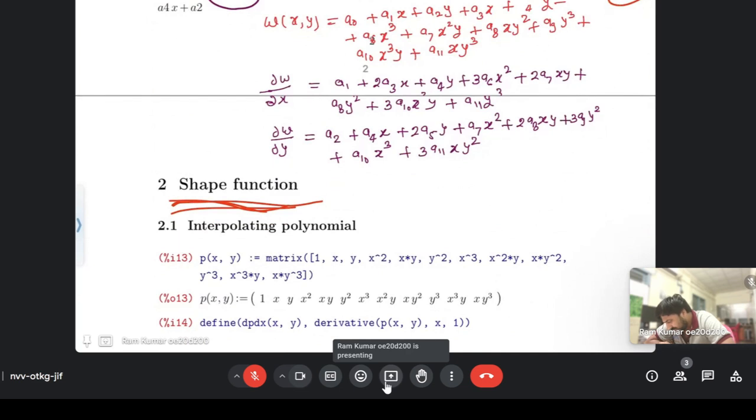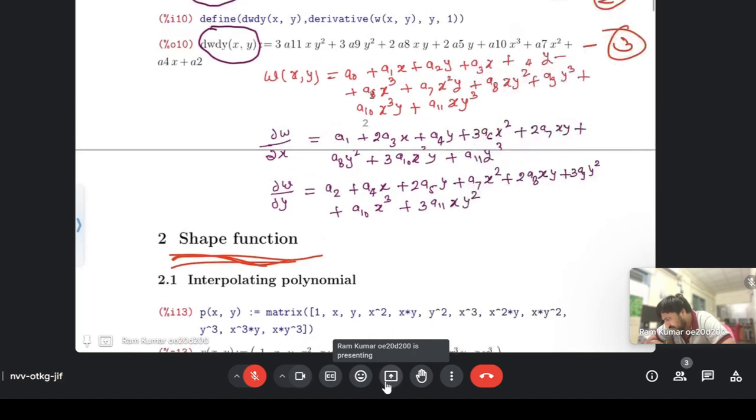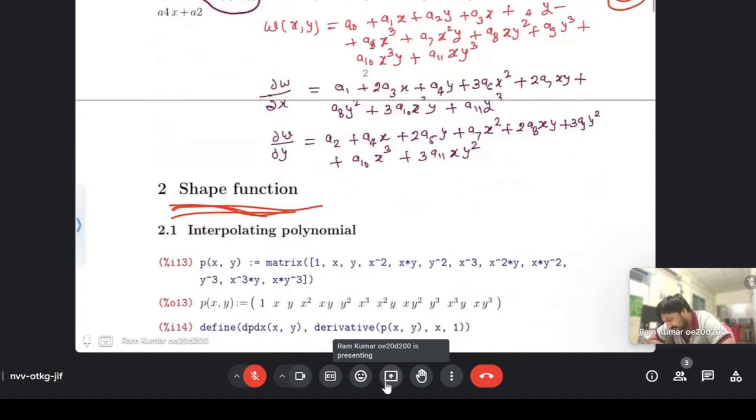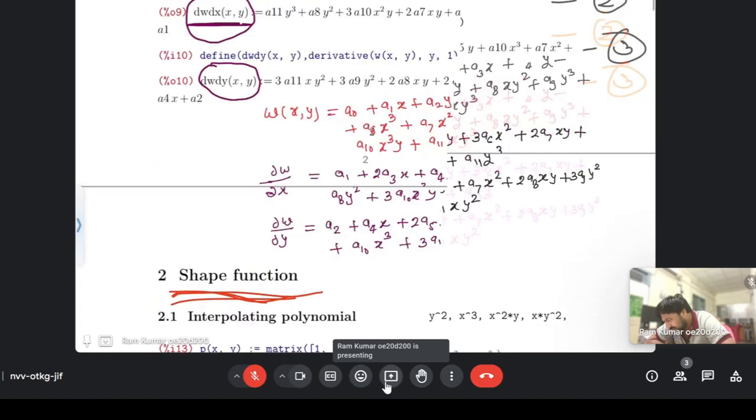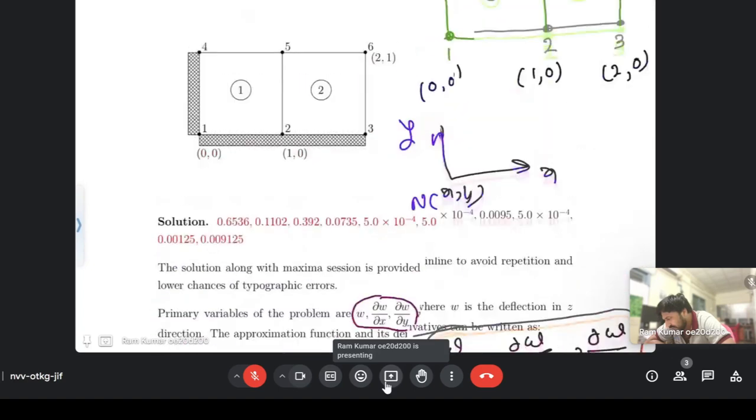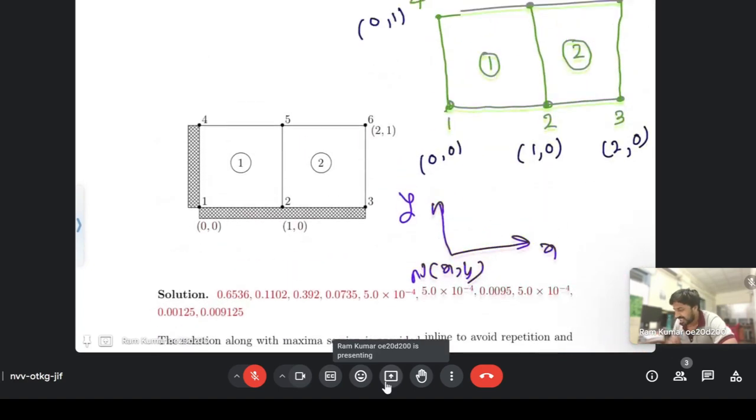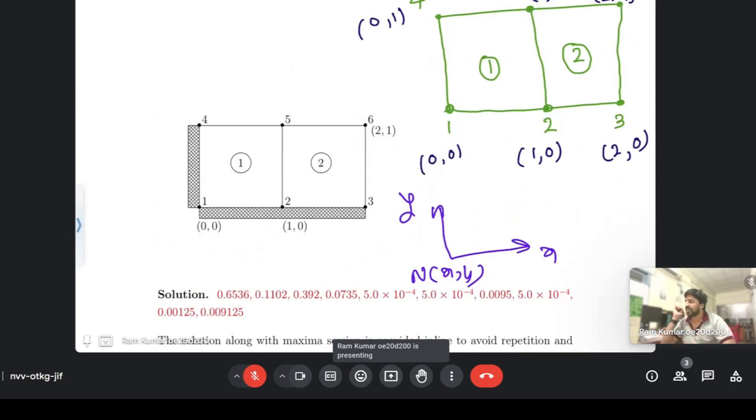How you wrote this shape function in matrix form, then I have to explain everything again. Actually, without this base, it is very difficult for me to explain each and every term, but anyway, I will try to manage somehow. So this we got, this one we got.